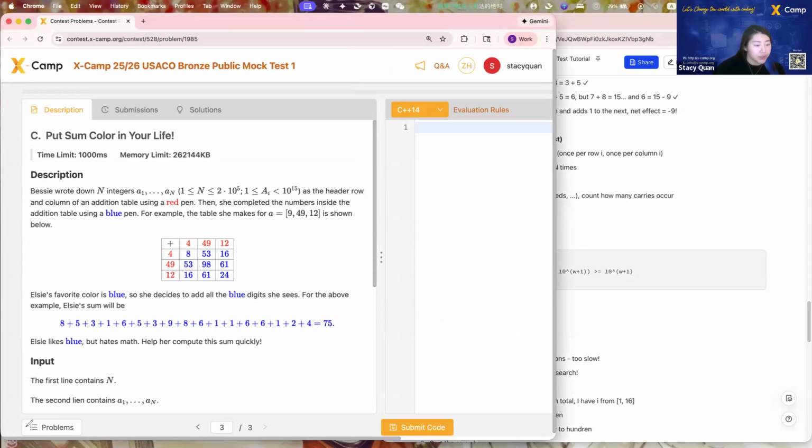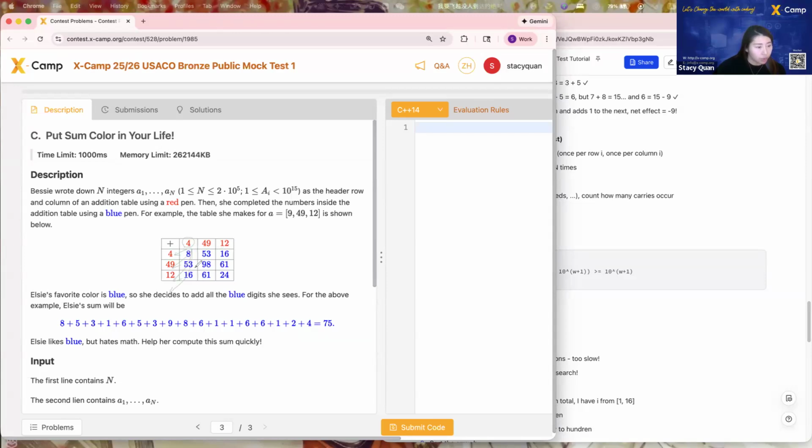Every digit is contributing. This 4 is contributing to all the numbers row-wise, since it is added to every number in the row, so it is added n times row-wise. On the other hand, every digit from the row is also added column-wise n times.